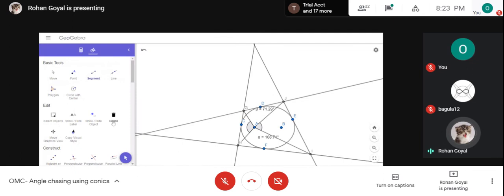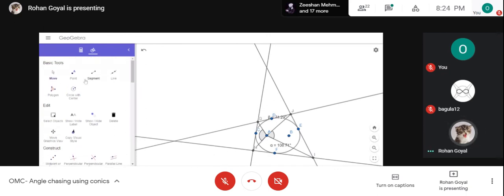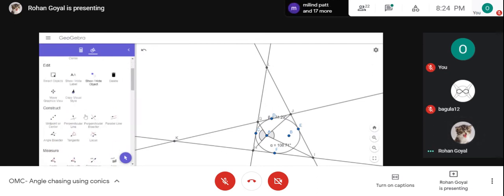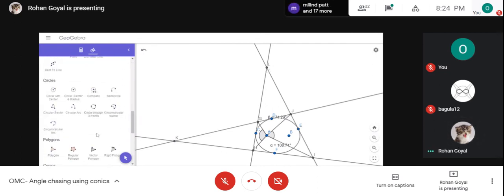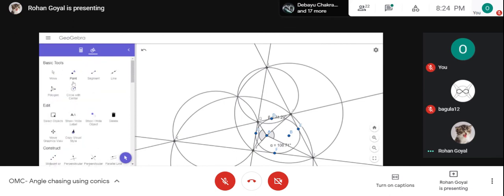Okay, great. So one last thing I'll show and I'll conclude after that. I'll not prove it. Now if you take the Miquel point of this quadrilateral, this is the Miquel point.